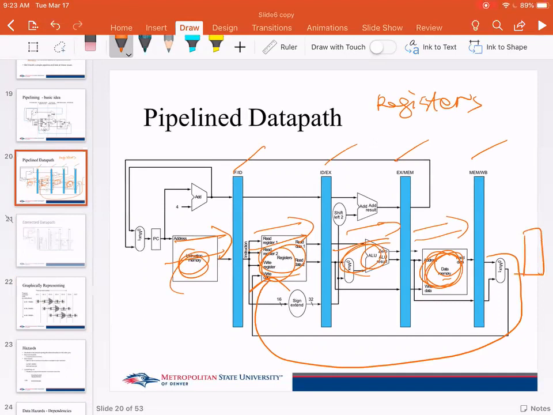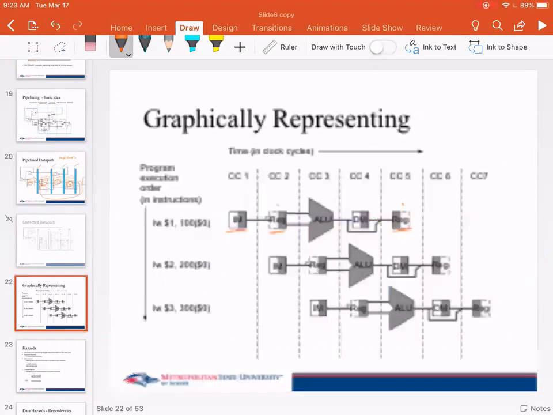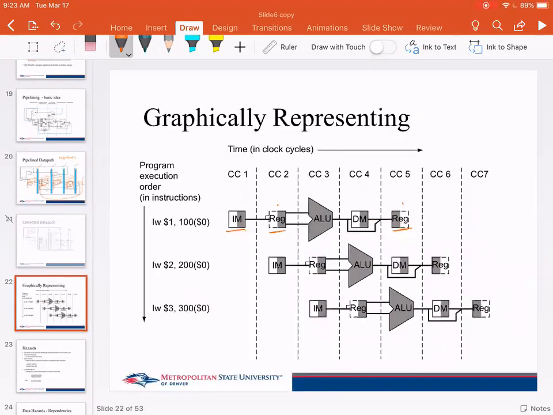But physically there is only one register file. Graphically you could have two, but they refer to the same thing. In this figure, it is easier to understand what's going on.